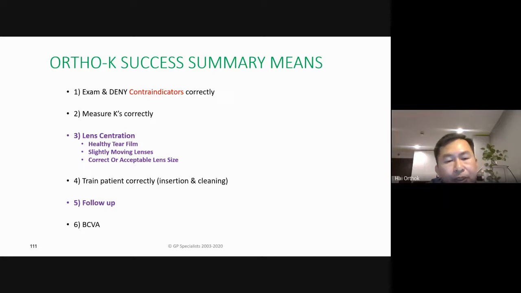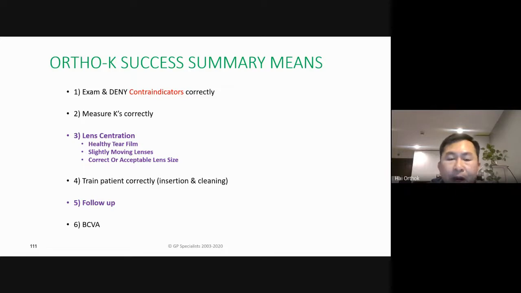We have to make sure the BCVA is the best for the patient. For example, if a patient comes into the facility with 12 diopters with 3 diopters of cylinder, and they want to partially correct the visual acuity and wear a thinner frame, then it's definitely okay for the practitioner to take that case.